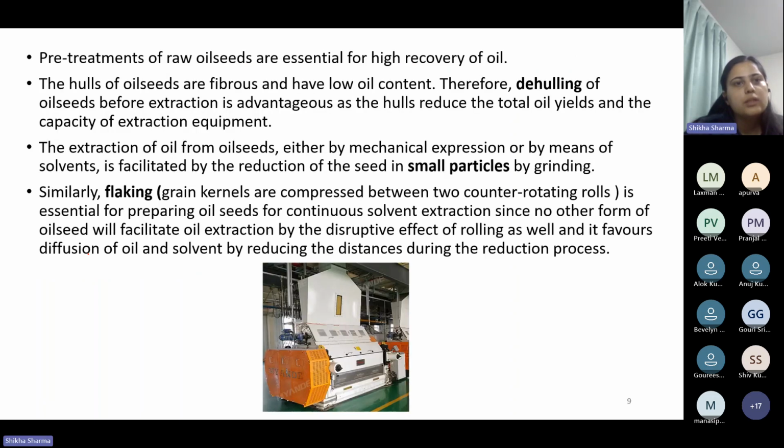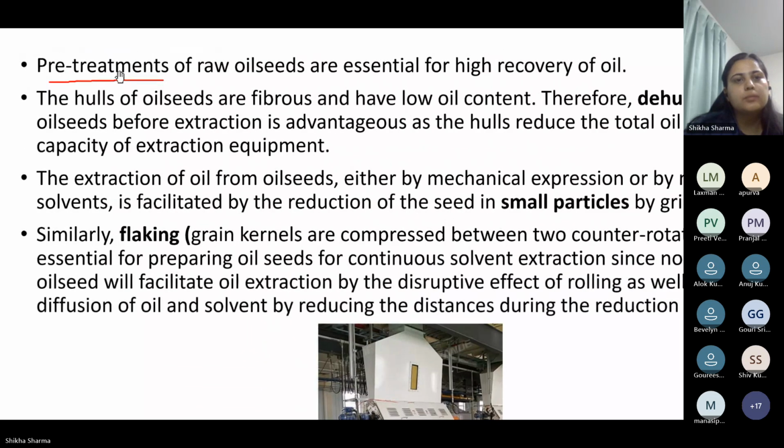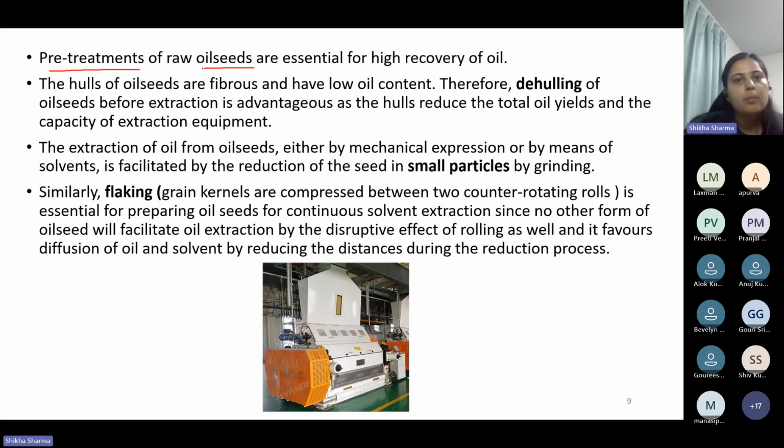So what happens in the pre-treatment of the raw oil seeds? We generally do pre-treatments in the oil seeds because we need to get a high recovery of the oils. About dehulling, the hulls of the oil seed have more fiber and less oil content.